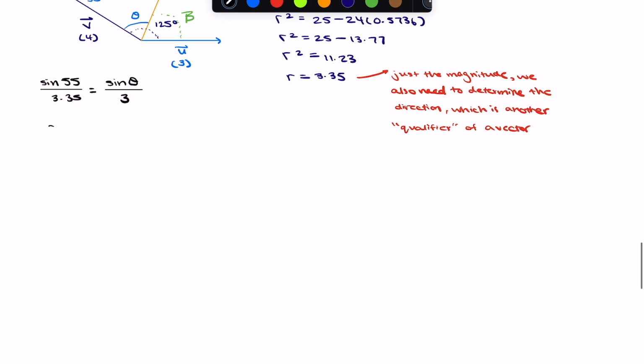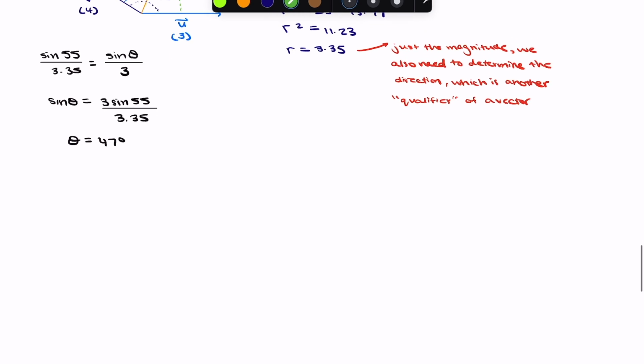And so here we see that sine theta is equal to 3 sine 55 over 3.35. So theta is equal to 47 degrees. And then to find beta, we see that beta is equal to 125 minus 47 degrees, and beta is equal to 78 degrees.